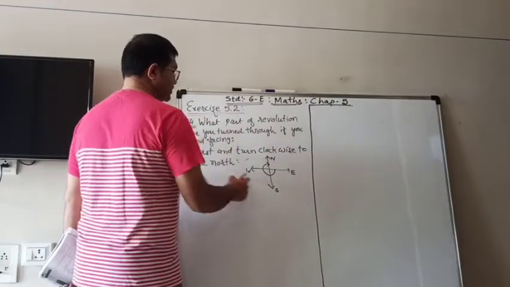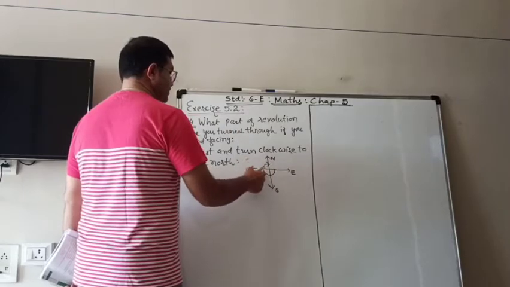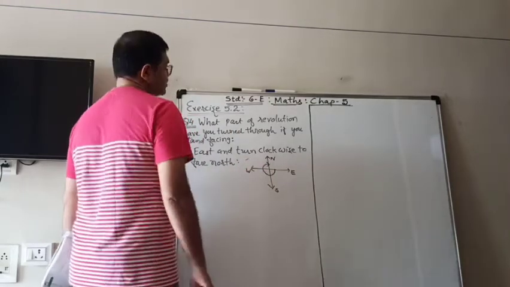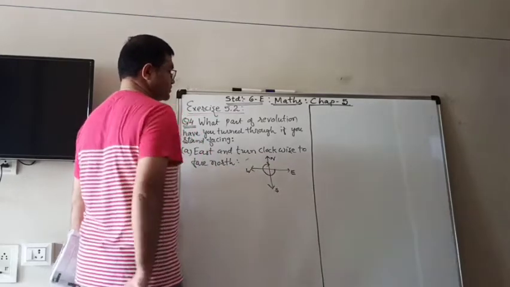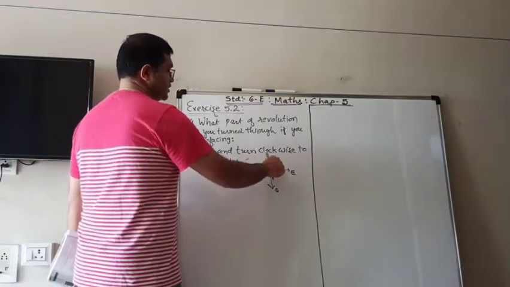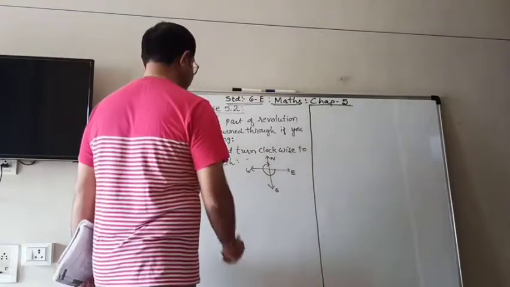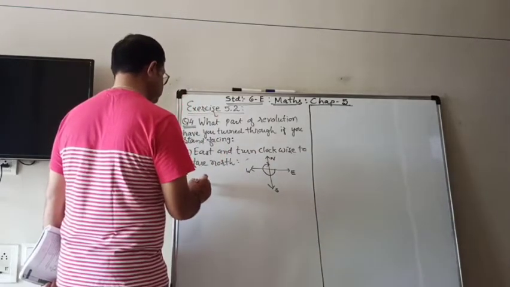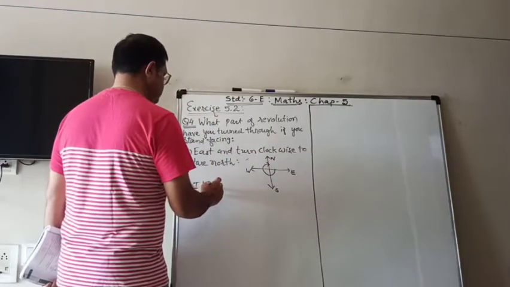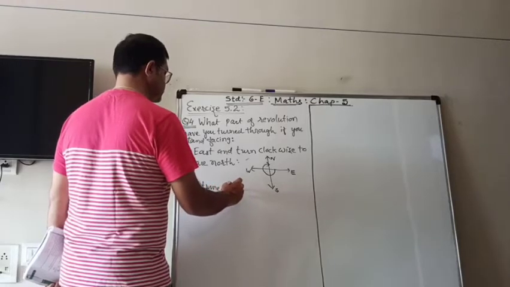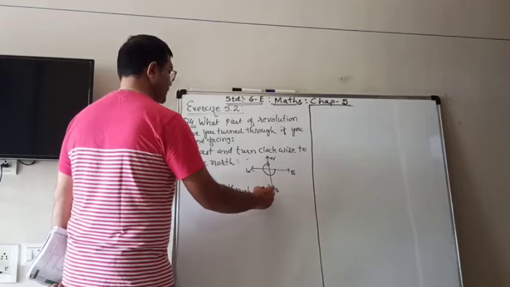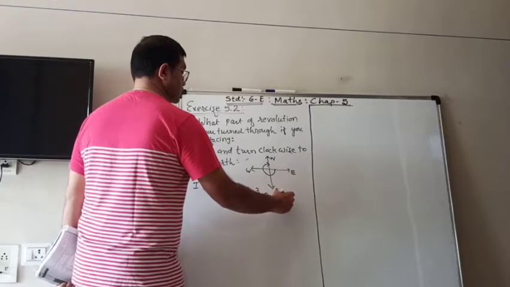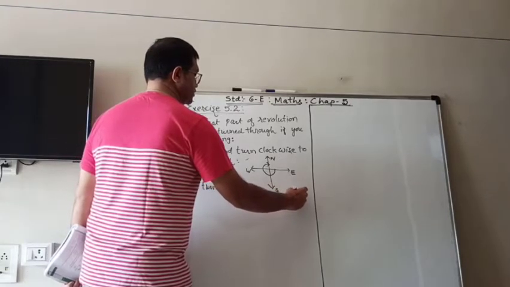We have to find a part. So how many right angles are there? 3 right angles. And therefore, what is the part? It is 3/4 part. Therefore, I turned through 3/4 part of a revolution.